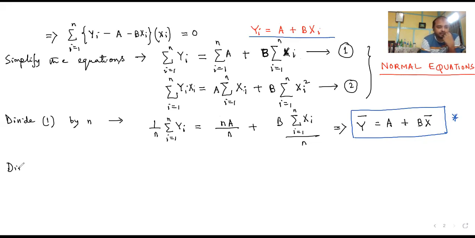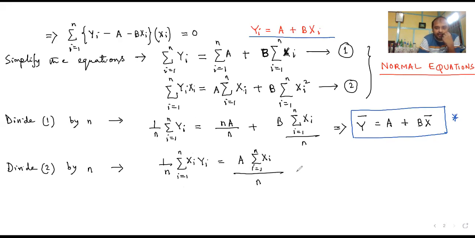Now we shall deal with the second equation. We will divide equation 2 by n once again. Let us try to find what comes out of it. If I do so, we will get 1 by n summation i goes from 1 to n xi yi is equal to a summation i goes from 1 to n xi by n plus b summation i goes from 1 to n xi square by n.